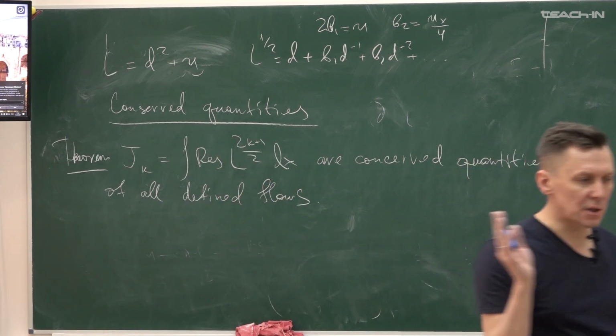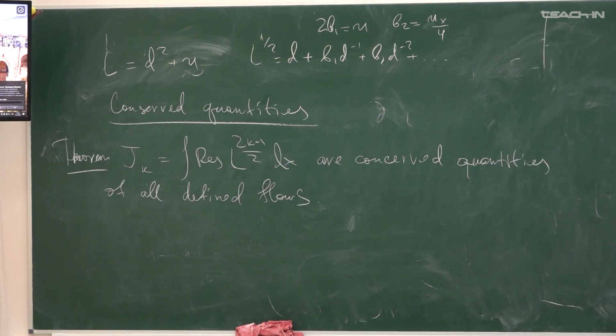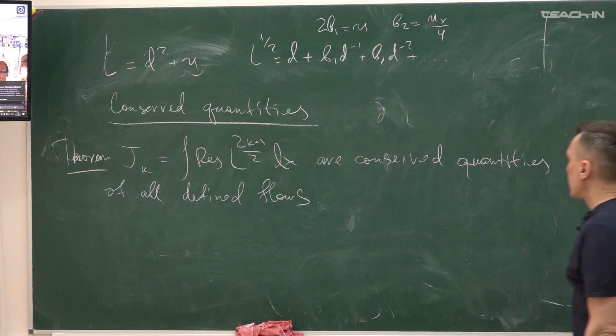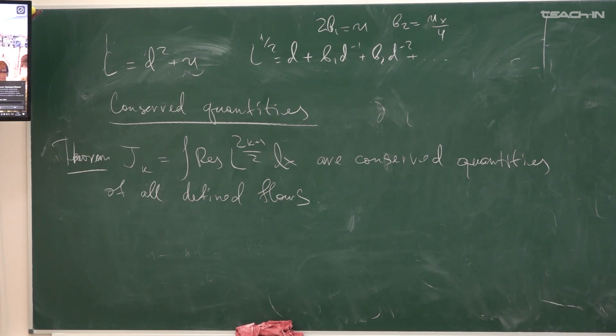Remember, we have defined a hierarchy of flows on our space of functions u. The first of them is the KdV flow, just the initial KdV equation, but we can define them all. So they are conserved along all our flows.